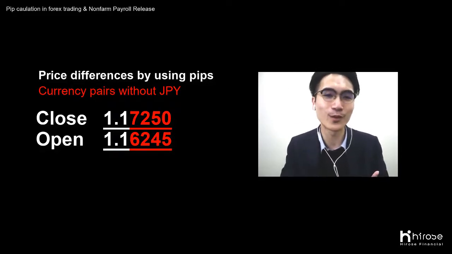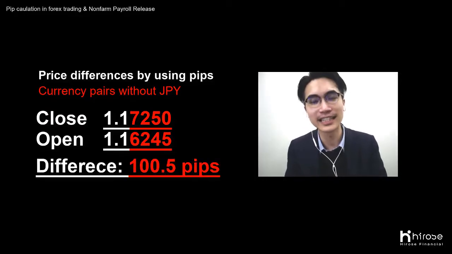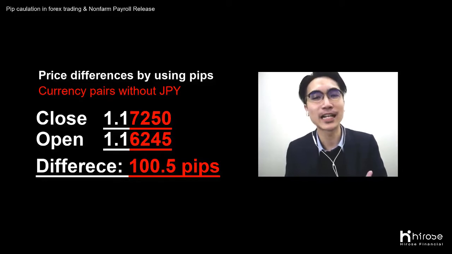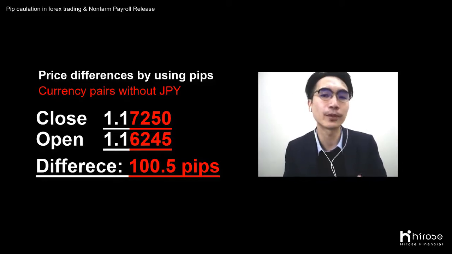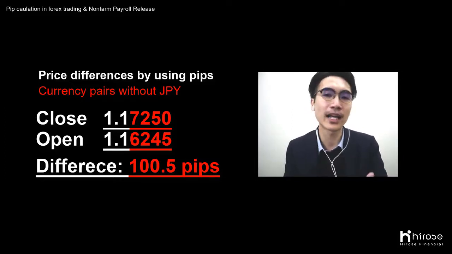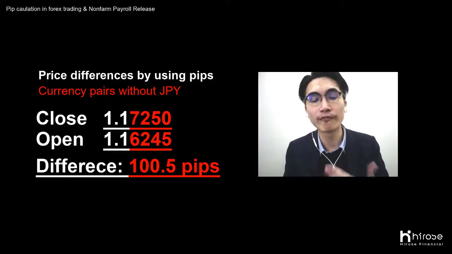If you need a calculator, the price difference here is 100.5, meaning that the price difference between open and close here is 100.5 pips. This is how we calculate the pips without Japanese yen.